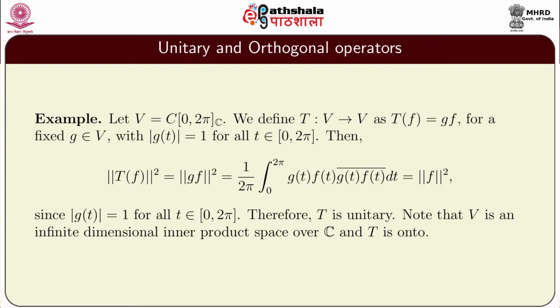Then norm of Tf square is norm of gf square, which by definition is 1 over 2 pi integral 0 to 2 pi g(t) f(t) times g(t) f(t) bar dt, and that is equal to norm of f square since mod of g(t) is 1 for all t in between 0 and 2 pi. Therefore, T is unitary. Note that V is an infinite dimensional inner product space and T is norm preserving, and also T is onto.